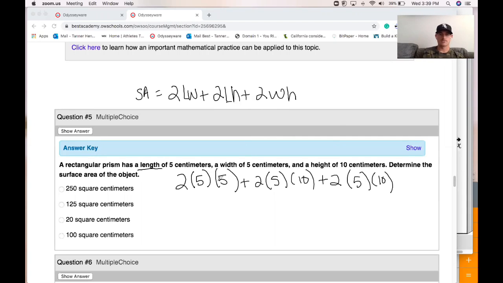So we got 5 times 5 is 25 times 2 is 50. Plus 10 times 5 is 50 times 2 is 100. And this one again, 10 times 5 is 50 times 2 is 100. So we got 100 plus 100 is 200 plus 50 is 250.